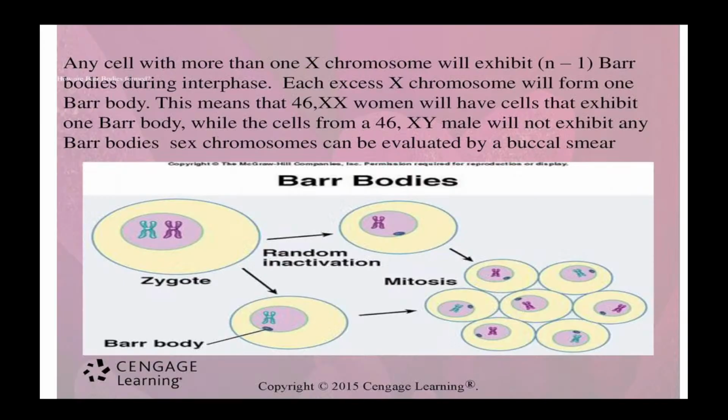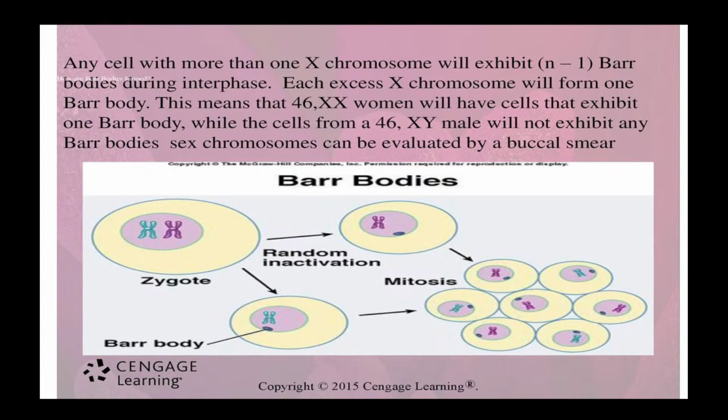The second of the cytogenetic methods is examination of Barr body. In the previous century, the scientists found that in most cells of the female body, a small black spot is present.